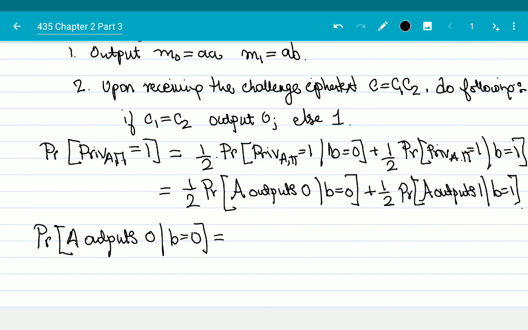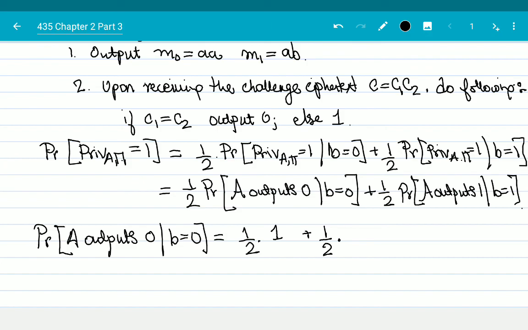So half times, if the period is one, you're always going to succeed, right? And the probability of the period being 1 is 1/2. So 1/2 times 1 plus 1/2 times, well, now the period is 2, right?